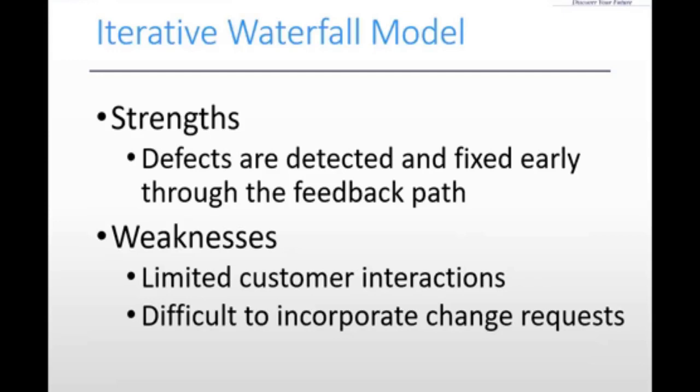Late requirements cannot be accepted. The customer cannot see the working product in the earlier phases. But here we only fixed one issue of the classical waterfall model, that is the feedback path. We have introduced a feedback path in the iterative waterfall model.